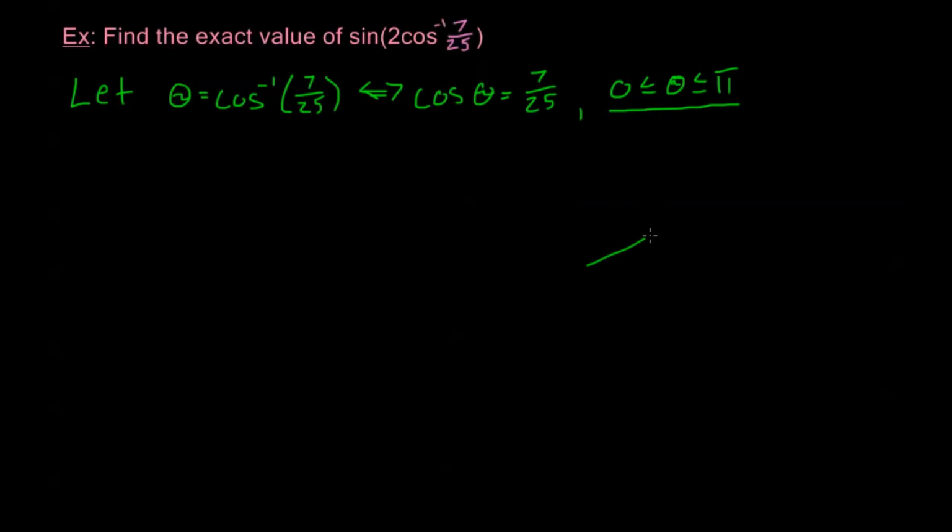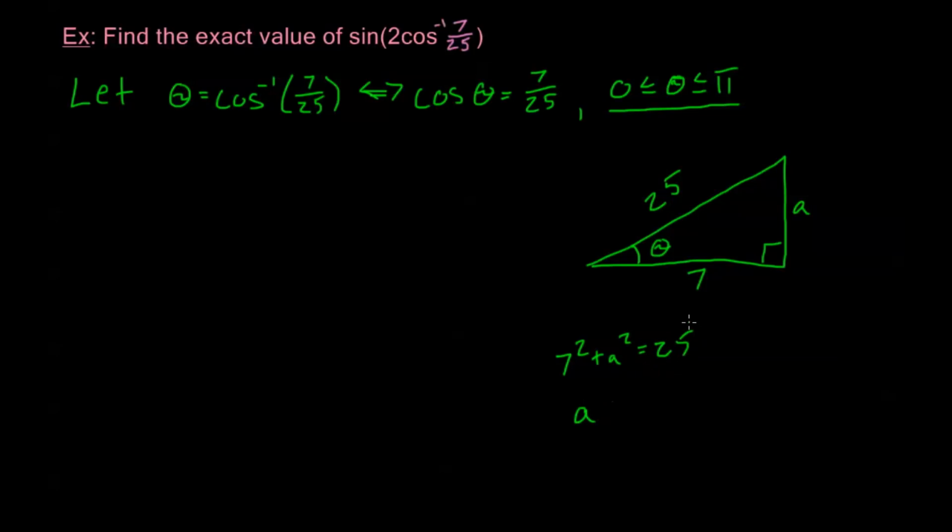So let's take a look at our triangle. We have that cosine of theta is 7 over 25, so that's my adjacent over my hypotenuse. And we need to find this other side, so let's do it down here. We'll call it A. We know that 7 squared plus A squared is 25 squared.